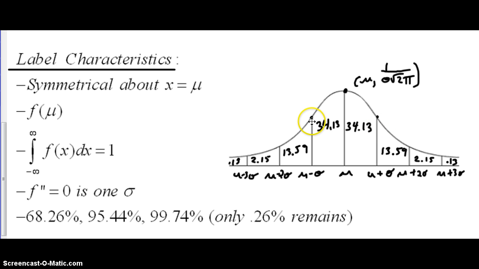If we look at our normal chart here, we can see that's where the standard deviation is. So when we set our second derivative to 0, you're going to have 1 standard deviation.